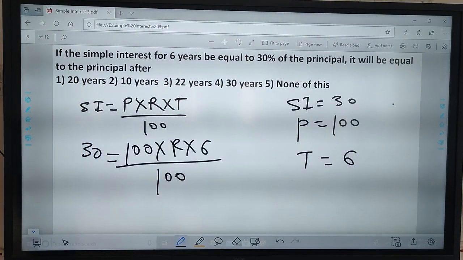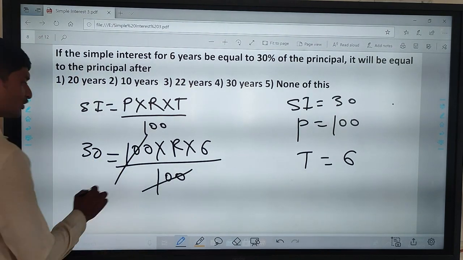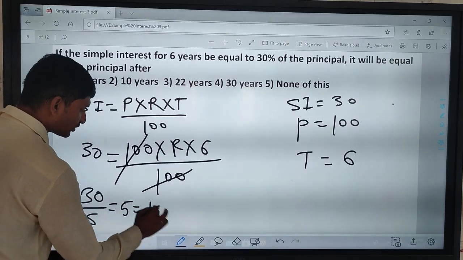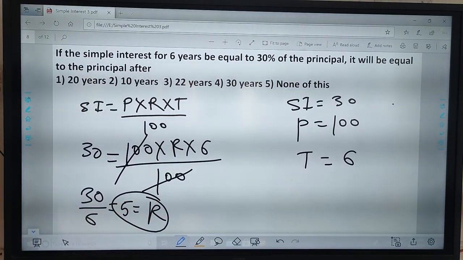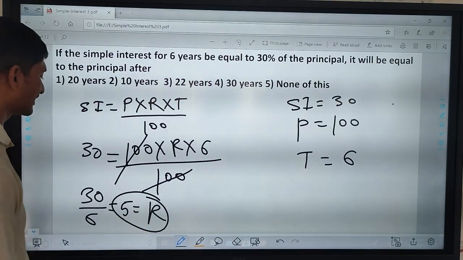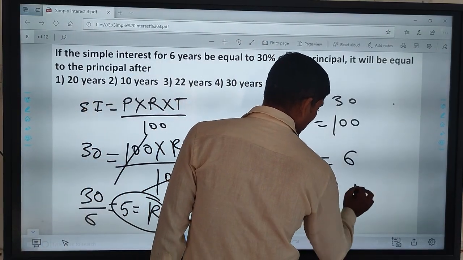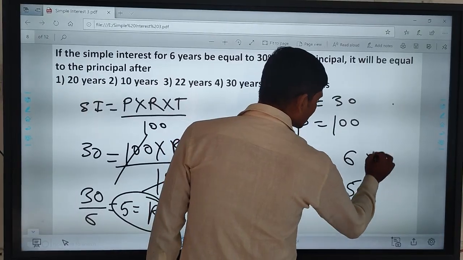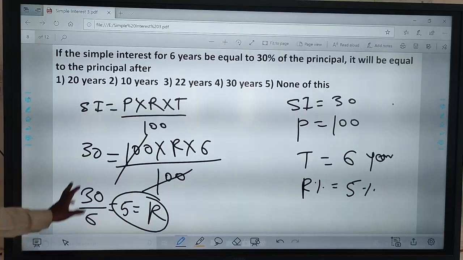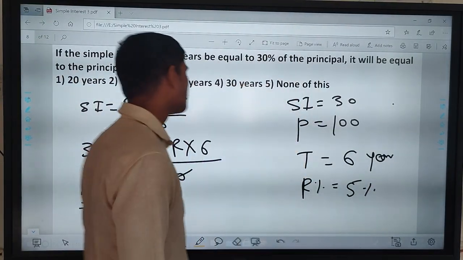The 100 gets cancelled, and we find the value of R: 30 divided by 6 is equal to 5. So the interest rate is 5%.